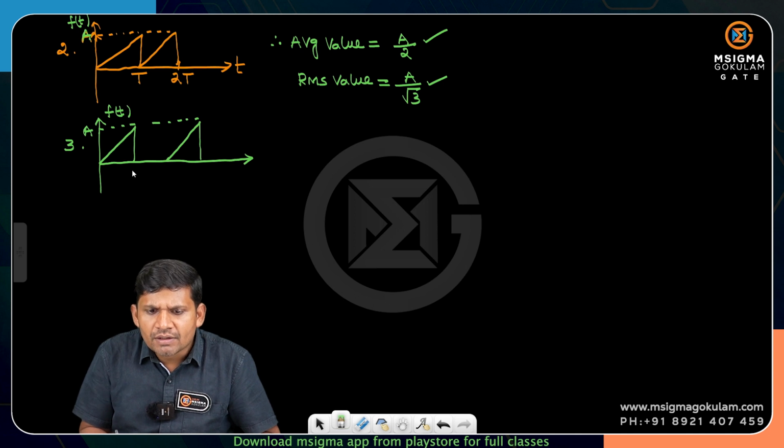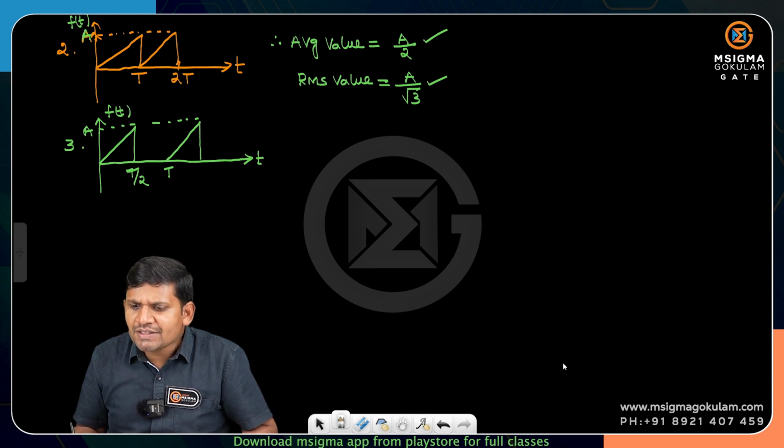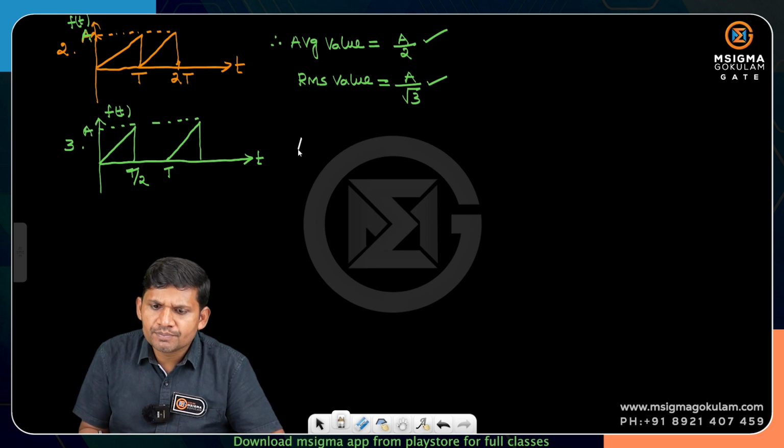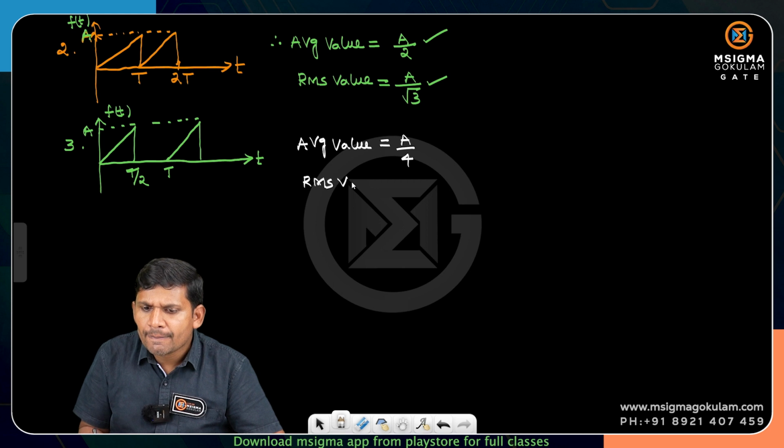Let this be T by 2 and this be T. It is also a periodic waveform, with that assumption only, students. Then the average value of this waveform is A by 4. Then the RMS value of this waveform is A by root 6.